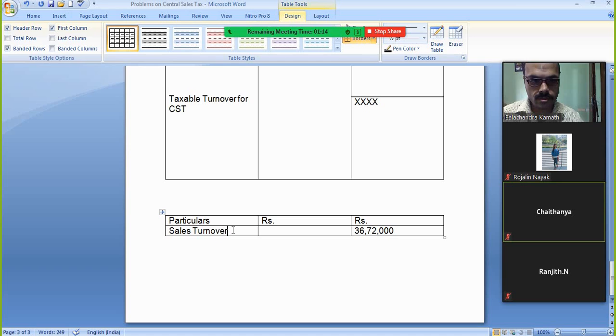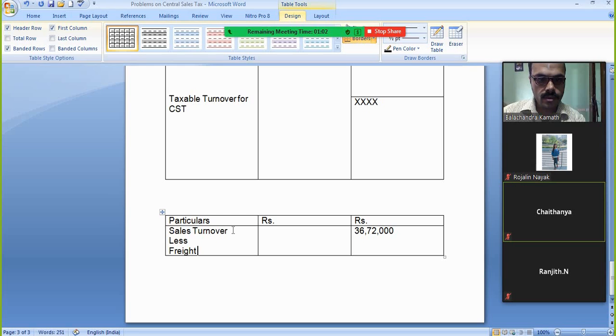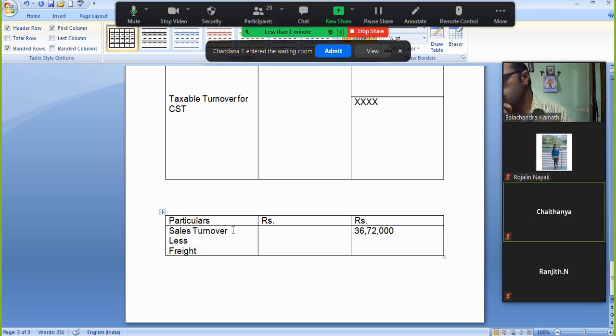From this I will deduct less freight shown separately.